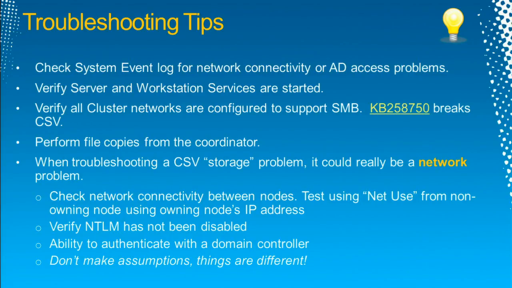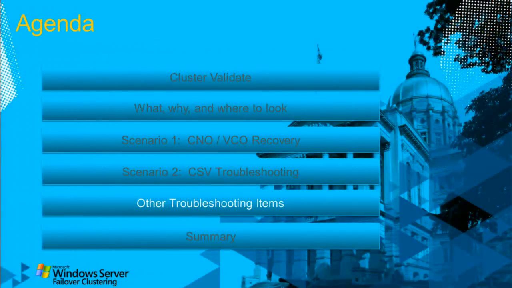If NTLM is disabled, you get that same similar behavior. We use NTLM for our authentication for our SMB connection. You have to be able to get to a domain controller for that as well. Don't make assumptions that it's immediately a storage problem. Part of the time it's not.